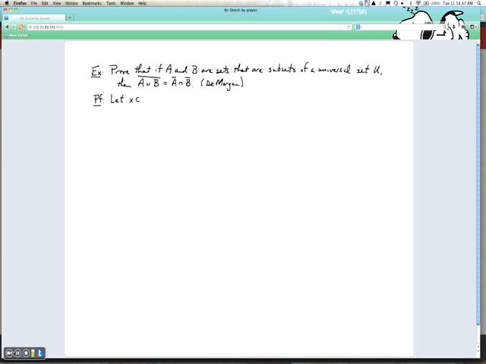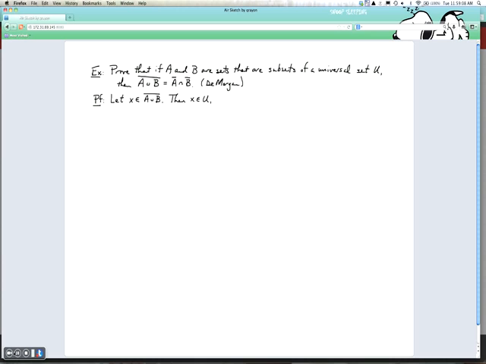So let's let X be an element of the complement of A union B. Okay. Now what does that mean?